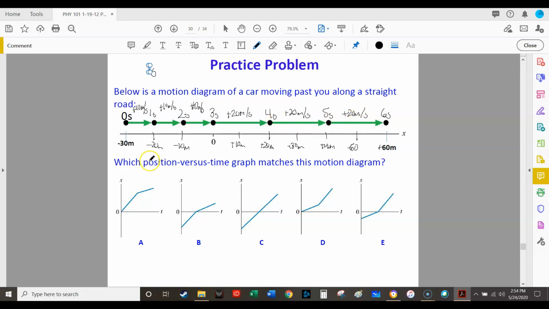So if we're going to draw a position versus time graph to represent these velocities, it's going to be a shallow or somewhat level velocity, and then from the 3 seconds to 6 seconds mark, a much steeper velocity. In fact, it'll be twice the slope, or twice the steepness. Okay, so it's going to go from level to steep.